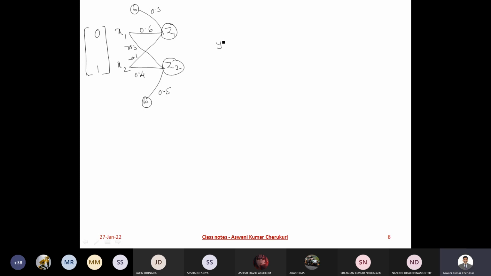Now you have an output node Y: Z1 to Y is 0.4 and Z2 to Y is 0.1. The bias connection to Y has a weight of minus 0.2.